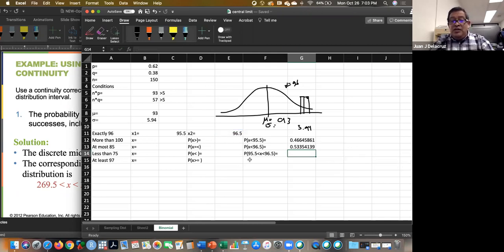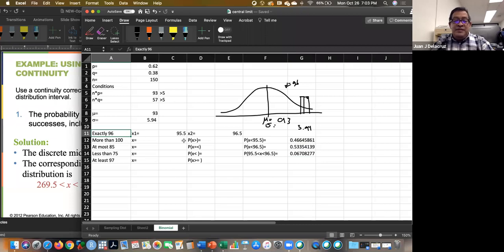So then in order to find the area under the curve, so the probability that is gonna be exactly 96, which is gonna be defined by this area, is gonna be the largest minus the smaller, and that's gonna be the probability that the 96% is gonna respond yes to that particular question. So this is exactly 96.